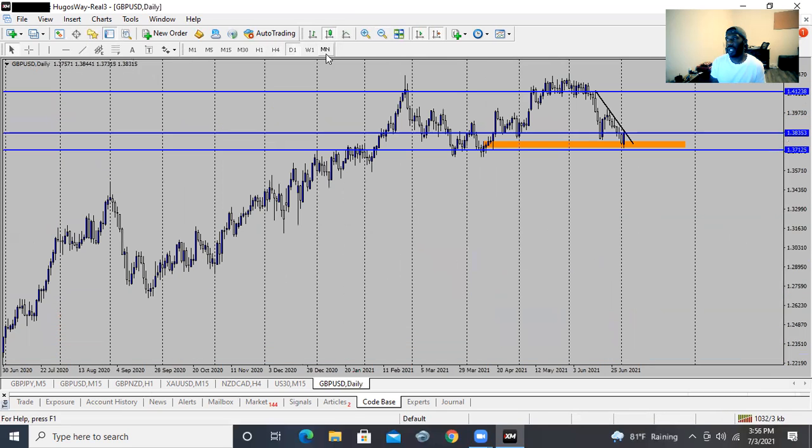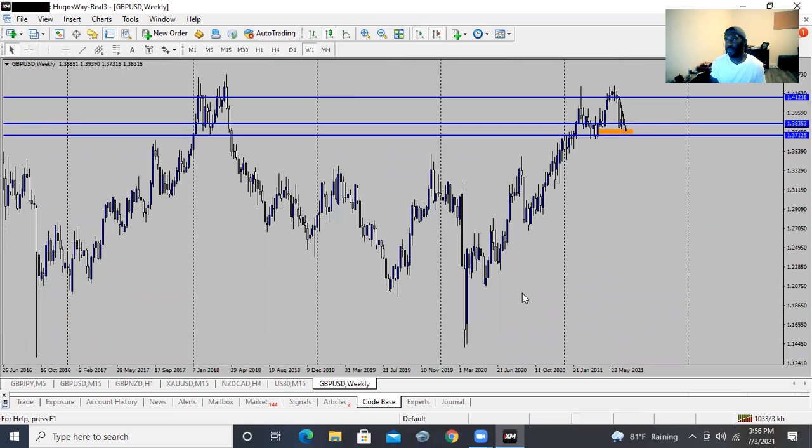If we look at the daily, weekly, monthly time frame, the market is still trending up. So we come here, we can see boom, boom, no touch, another touch. See the market pushing there.